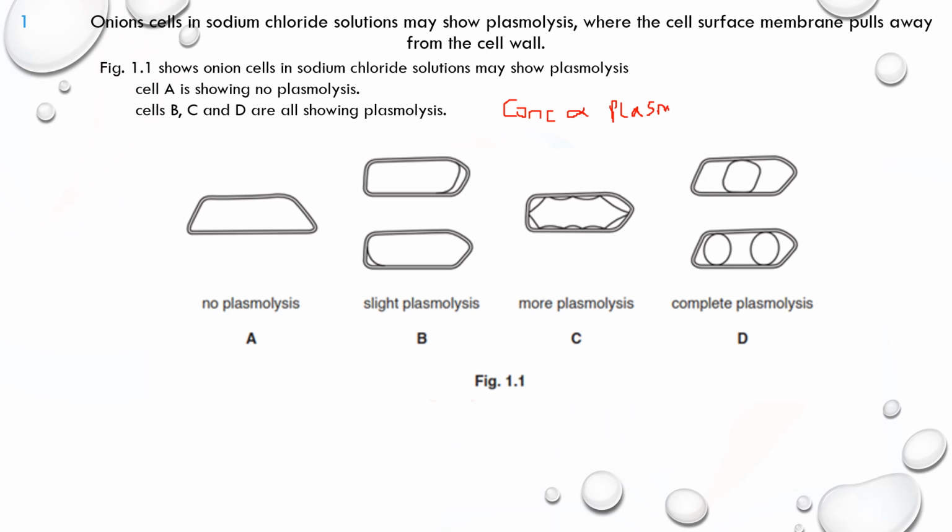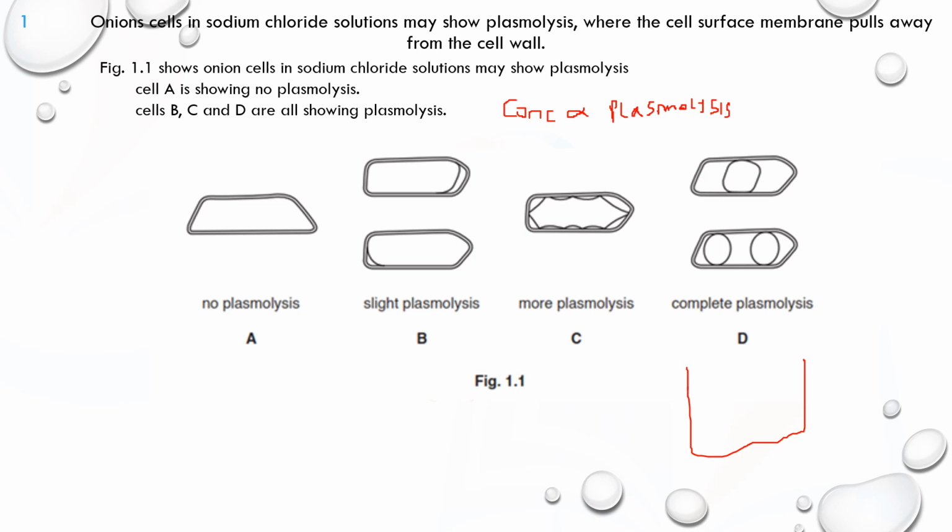So yes, this is plasmolysis that I'm writing. Plasmolysis is the process where the cell membrane detaches from the cell wall. So this is the relationship, guys. The more concentrated a solution is, remember that, we are putting the cell, now this is a beaker, right?